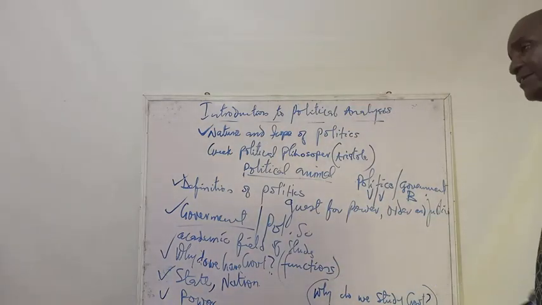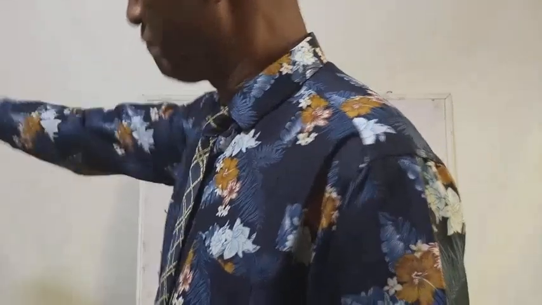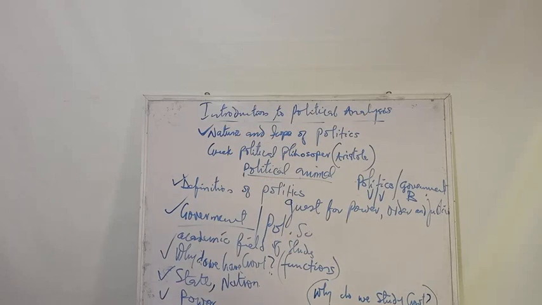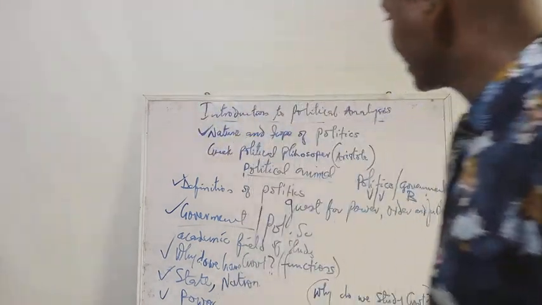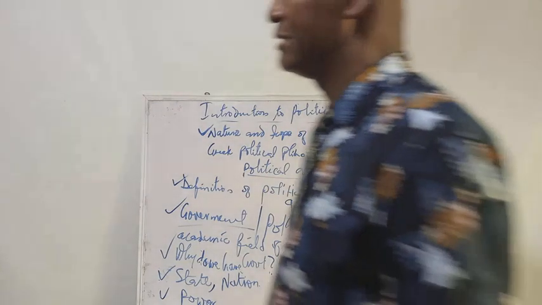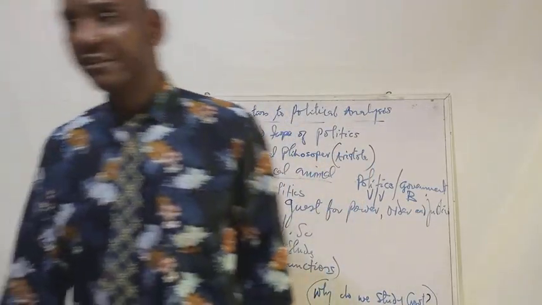Then number three, just as we have in the function of government, the same thing happens in the area of law and order: maintaining law and order. The law and order should be maintained. In the school, we have rules and regulations.